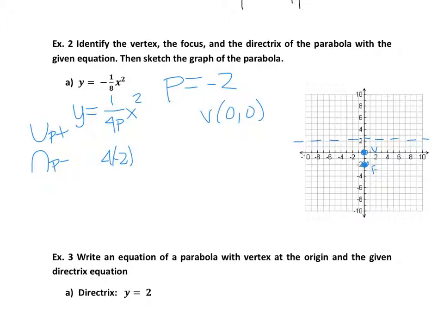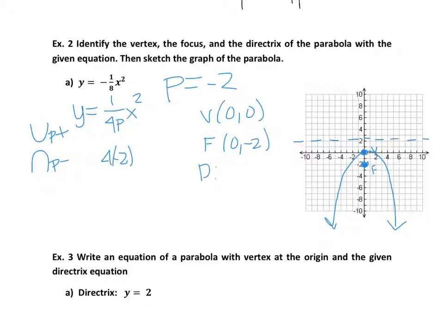Then you can draw a rough sketch, make sure it looks like a parabola, and that is graphed. So my p-value is negative 2, my vertex is 0, 0, so my focus is at 0, negative 2, and my directrix is always an equation.